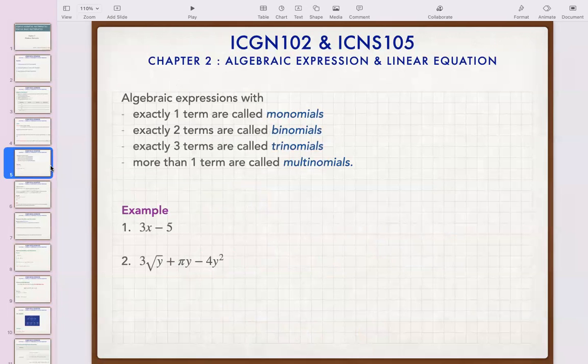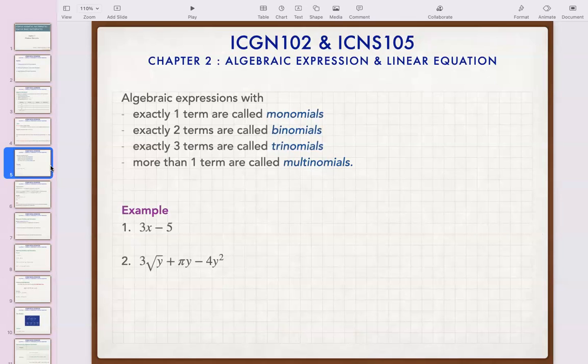On the next slide, we have the definition of the algebraic expression with its specific properties. When we have expressions with exactly one term, we always call them monomials.